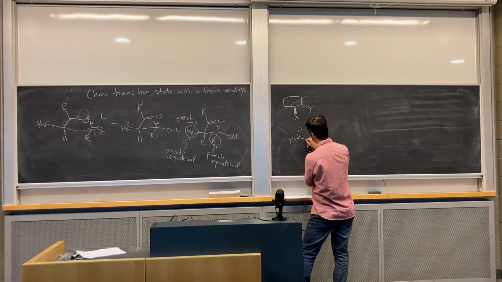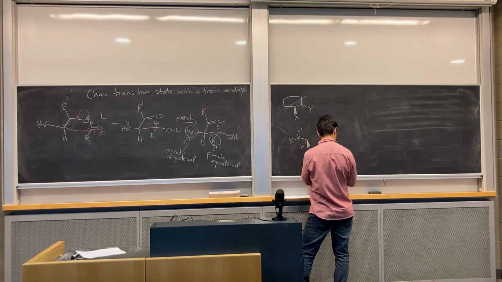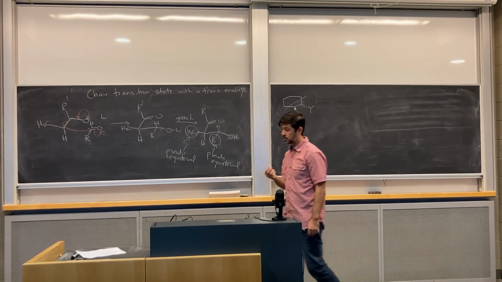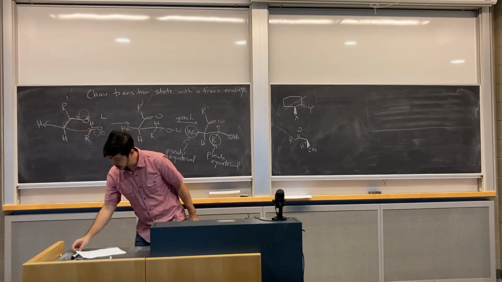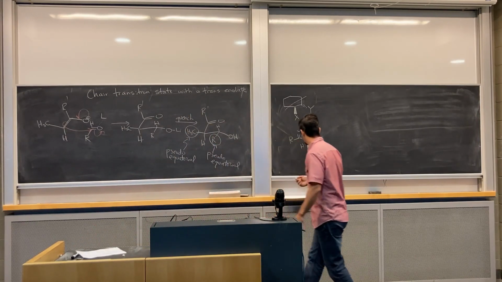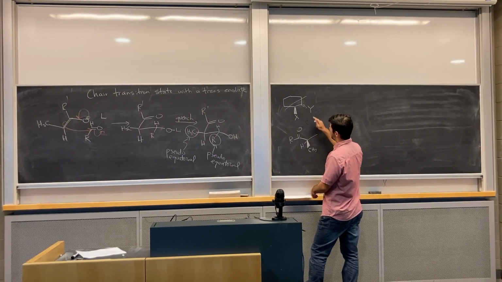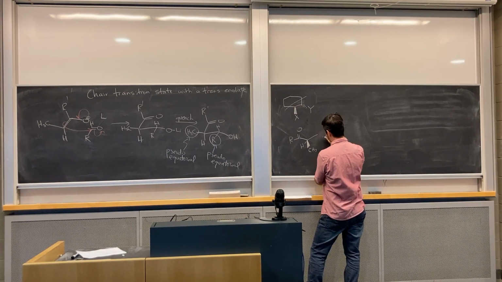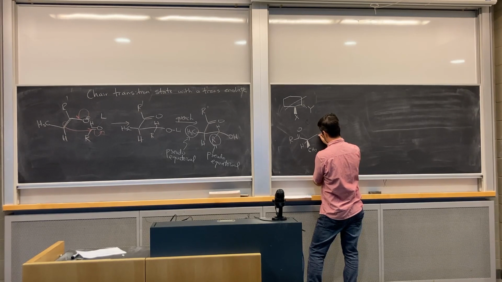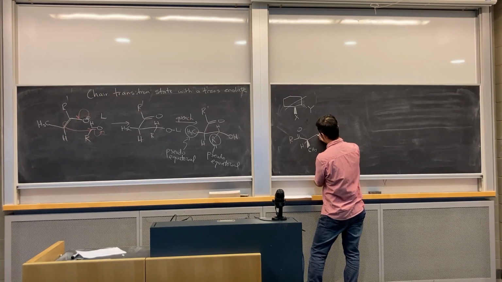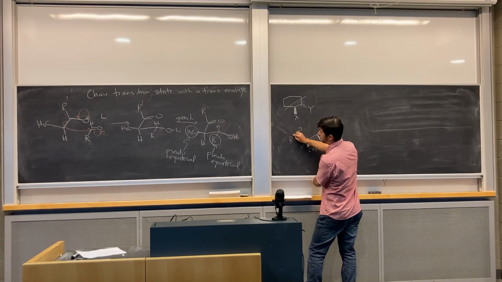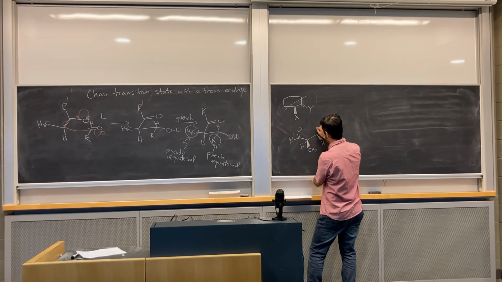CH3 group, hydrogen will be going away. Let me find a bigger piece of chalk. And then as we move our bonds to this one here, the R group has to be placed away, and the hydrogen is going to be towards us. Don't forget your prime here. And then this is OH.